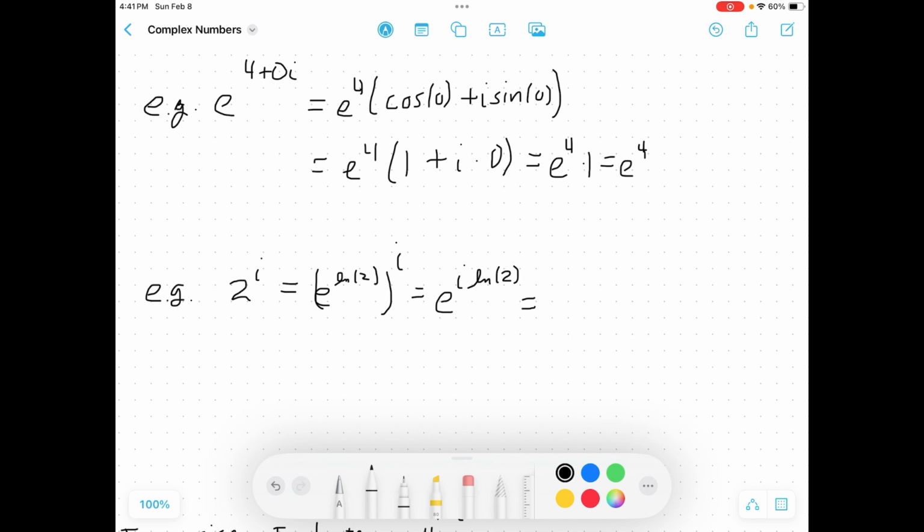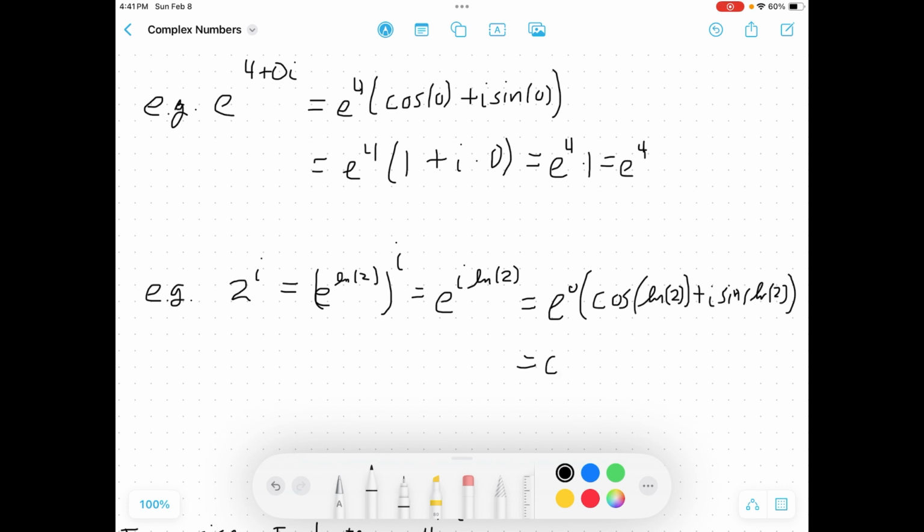which should get us, by our formula, real part is 0, so we'll have e to the 0 times cosine of natural log of 2 plus i sine of natural log of 2. Not particularly pleasant. The e to the 0th, of course, goes away.